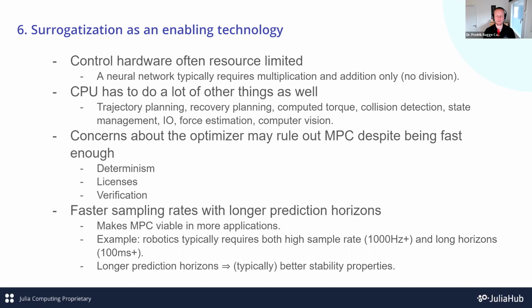But a neural network, if we choose to replace the optimizer with such a model, requires only multiplication and addition, crucially no division. Some CPUs don't even have native division operators. So a neural network can still run reasonably fast on such extremely resource-constrained hardware. And even if we have a possibility to run the MPC controller fast enough in theory, the CPU that the MPC controller is running on might have to do a lot of other things at the same time.